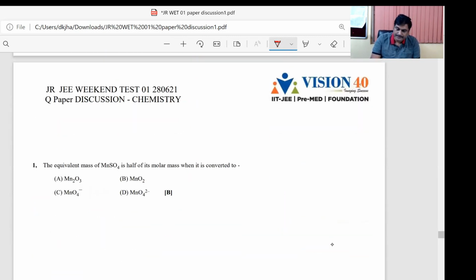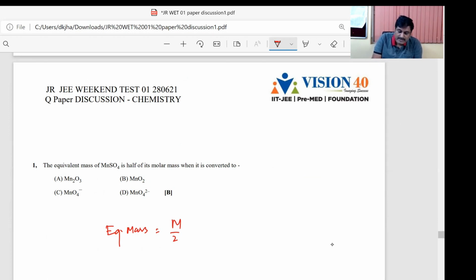Next question. The equivalent mass of MnSO4 is half of its molar mass when it is converted to... Okay, equivalent mass is half of its molecular mass, M by 2. It means the n factor is 2, and the change in oxidation number is 2.